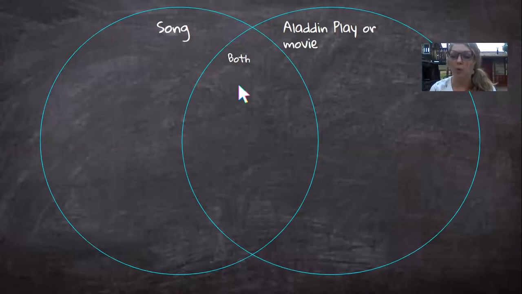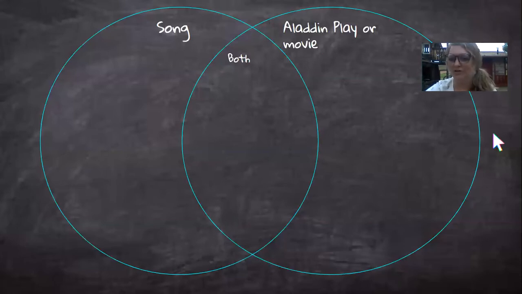And we are going to fill this in together in just a moment and hopefully see it all come together. So go ahead and pause and fill out your Venn diagram as best you can.